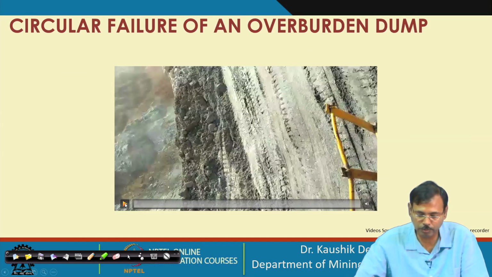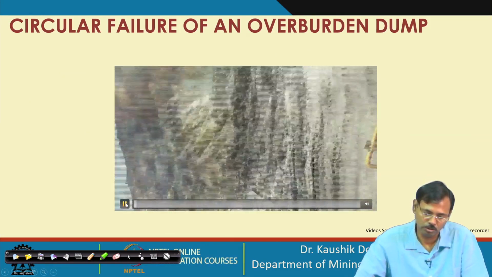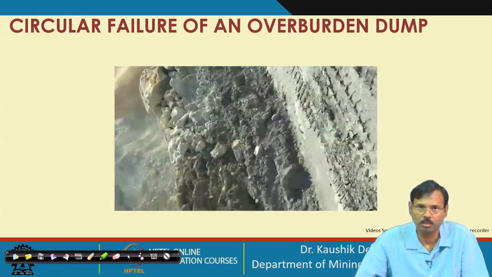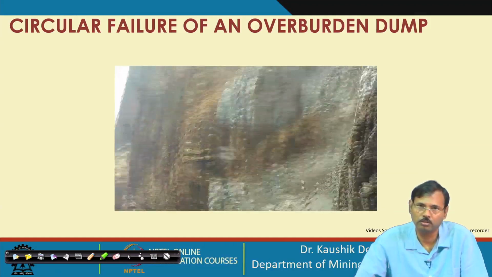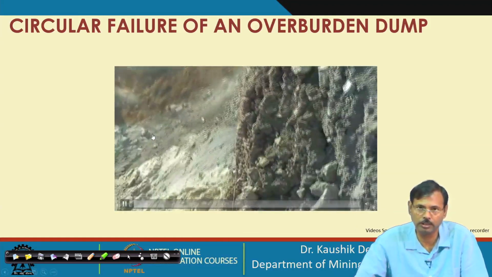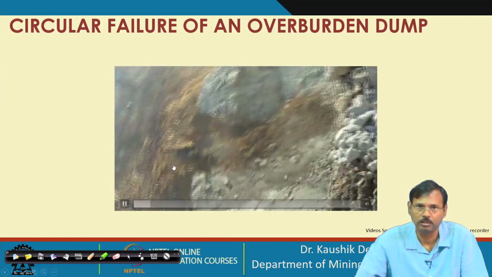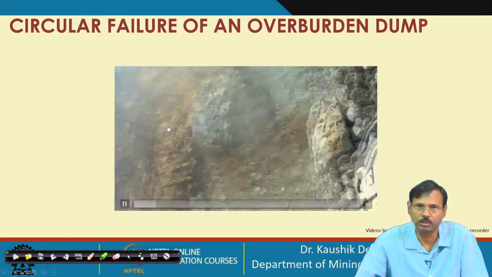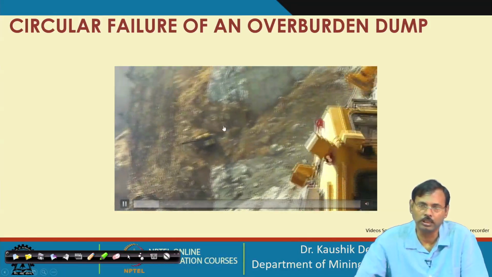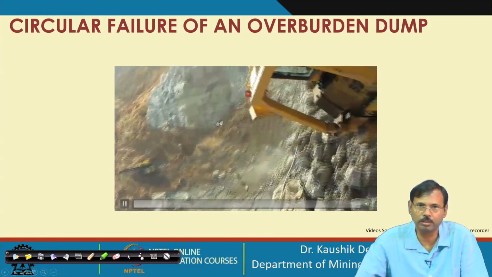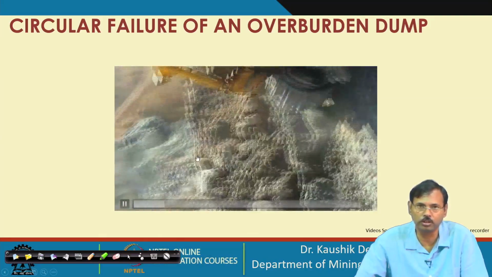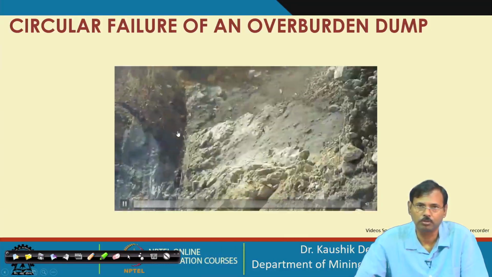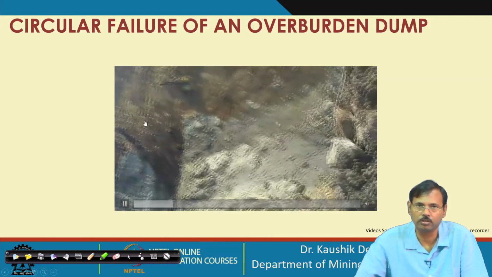So, this is another view of the same failure. See, the drill machine can still be seen, and the base rock is completely falling down. A dozer was also under operation there, but fortunately it was withdrawn. The complete top benches have come out, slid down in a circular failure.